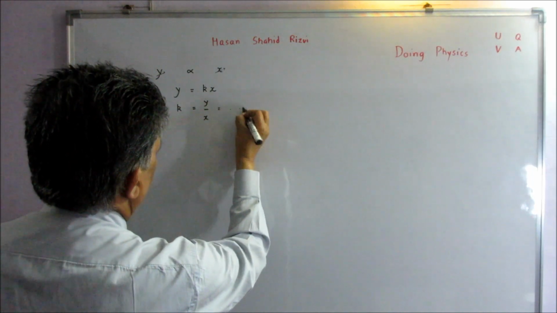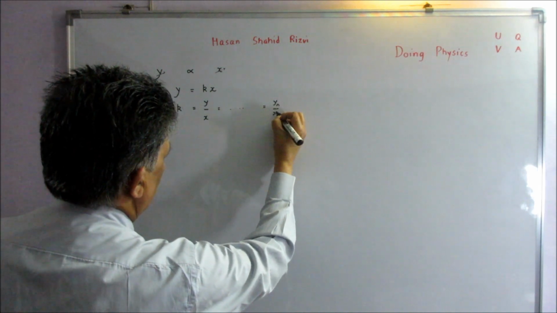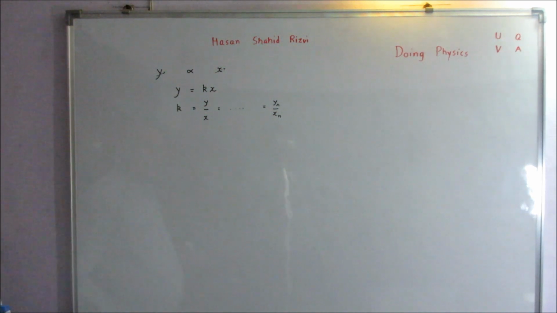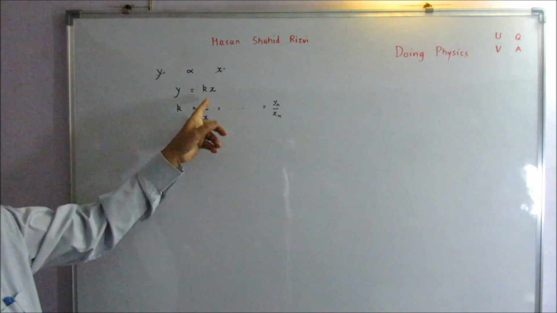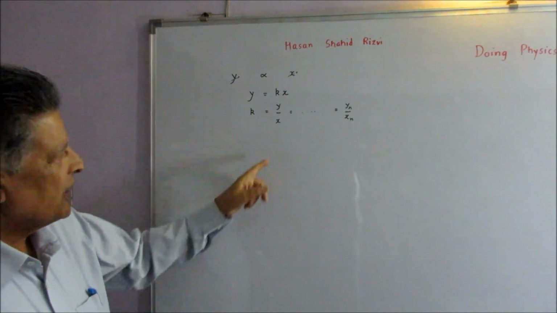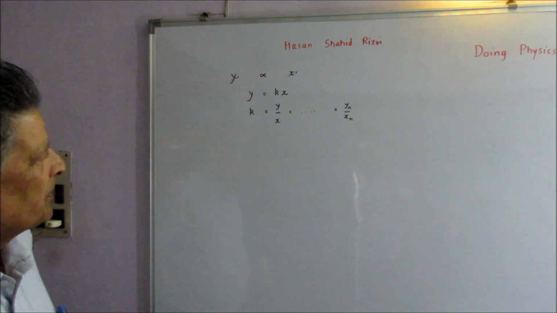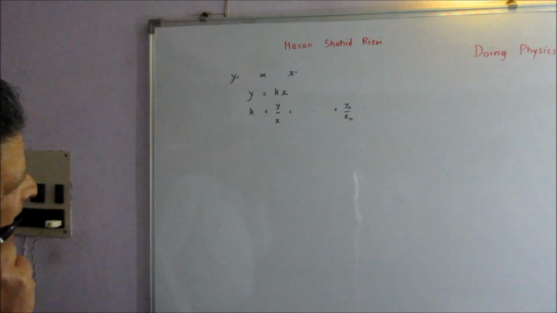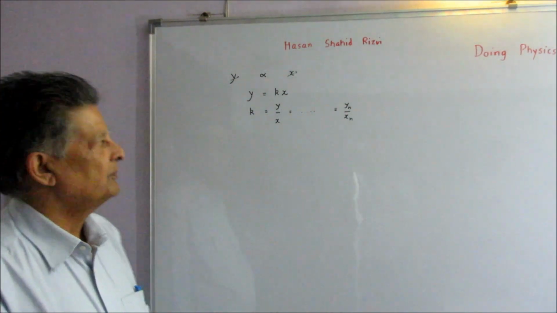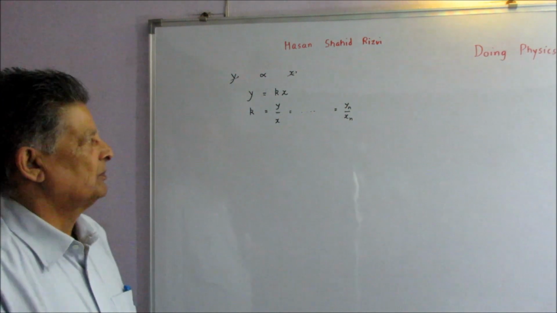Like that, I said different values, and this is the corresponding value yn upon xn, etc. So, what happens if y is increased? X will increase. If x is increased, y will increase. But this will remain a constant. K will remain a constant. And I said that k is the constant of the system, the constant of the defined system.